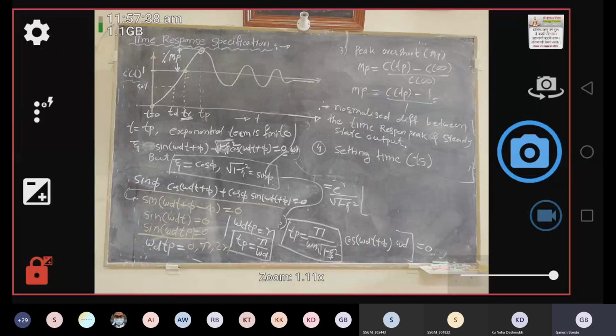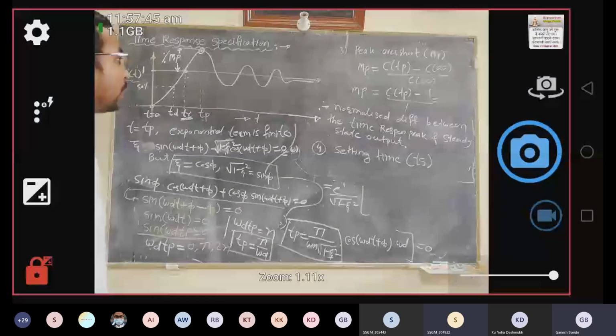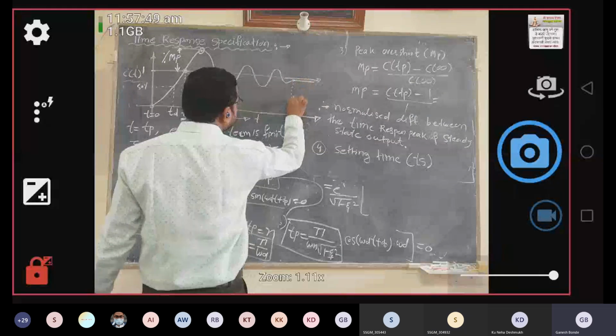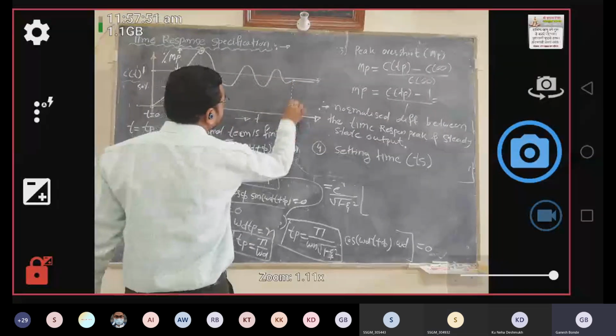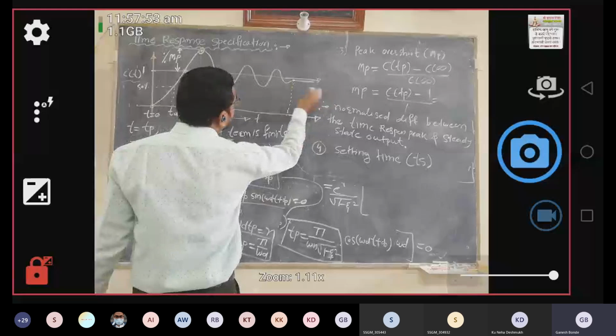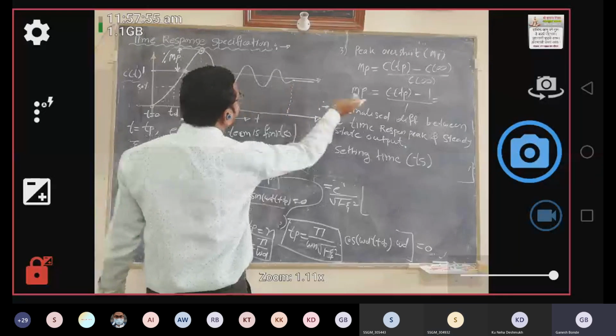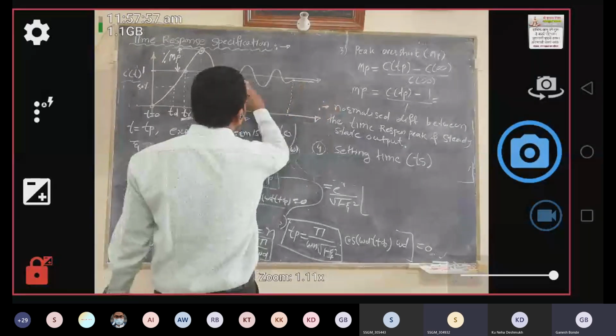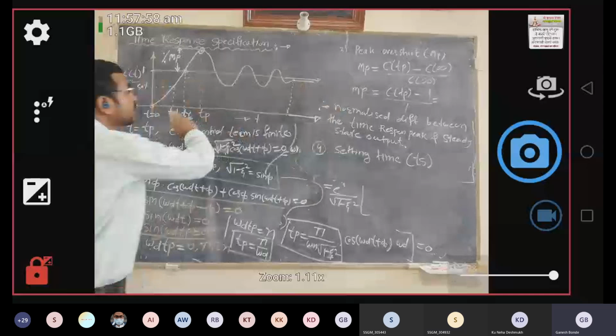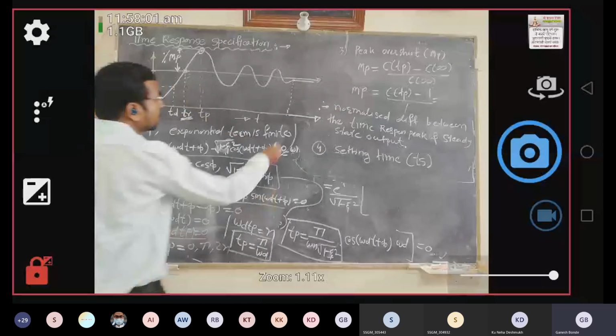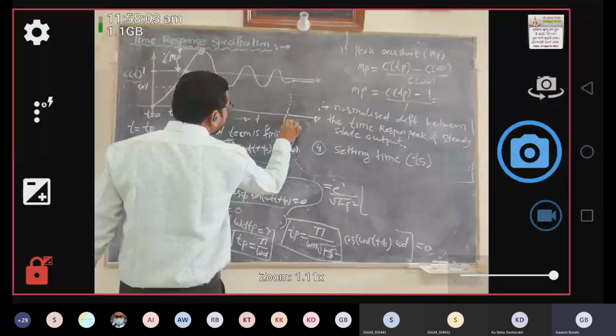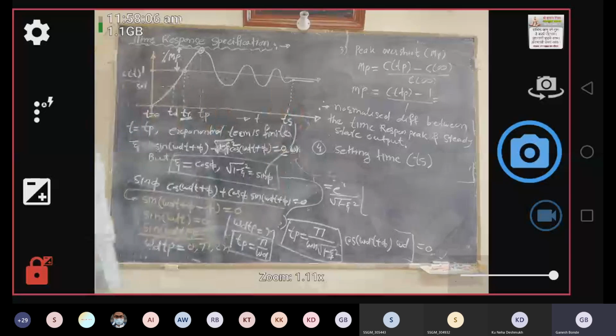We have seen that every time response is divided into two types, transient term and steady state term. This is the point corresponding to the steady state term. After this point your time response reaches steady state, and before this point your time response proceeds in the transient term. Therefore the time corresponding to this point is denoted by TS, and that is called settling time.